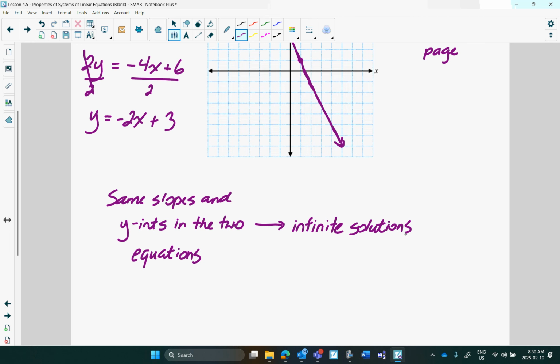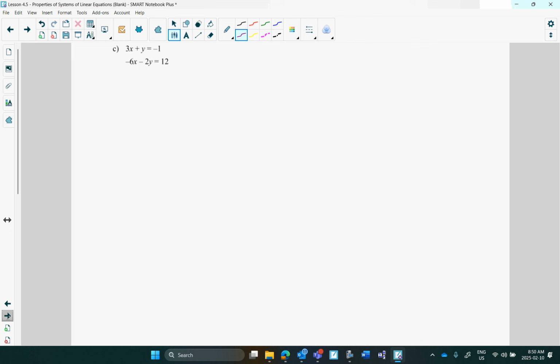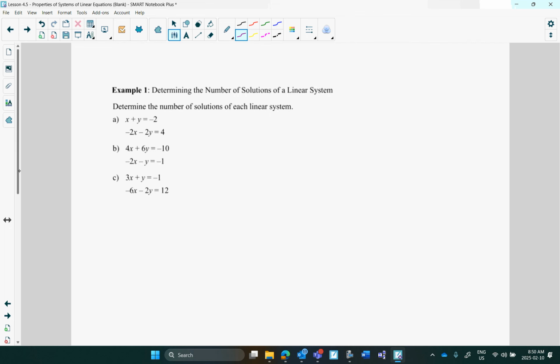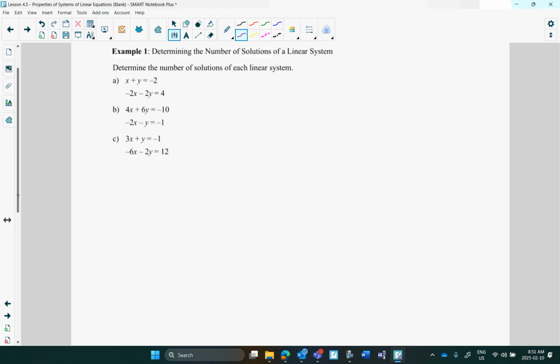So let's look at a couple of graphs. What you need to do for each of these is put each one in slope-intercept form in order to compare the slopes and the y-intercepts. So for A, x plus y equals negative 2, pardon me.